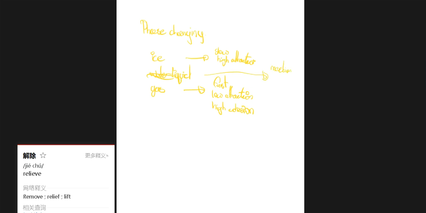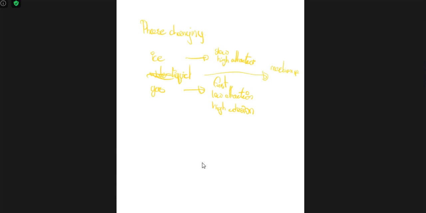It's medium speed, it's medium attraction, and kind of low cohesion, right? So actually this is probably low cohesion and this is high cohesion, I would guess, right? So that's how you kind of convert these 3 states into the world of the flocking simulation. You see what I mean?